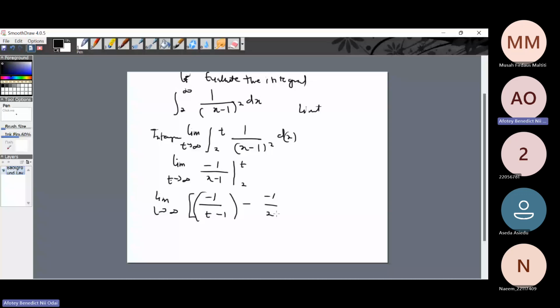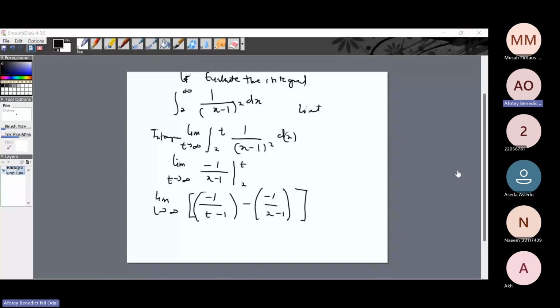So now we get the limit as t approaches infinity of -1 on t minus 1, and this gives us plus 1, because we get -1 on 1.